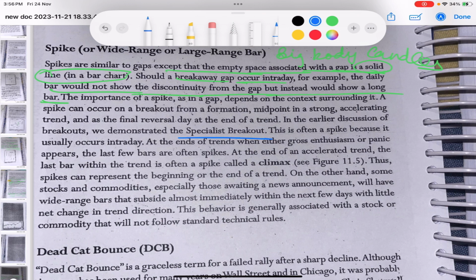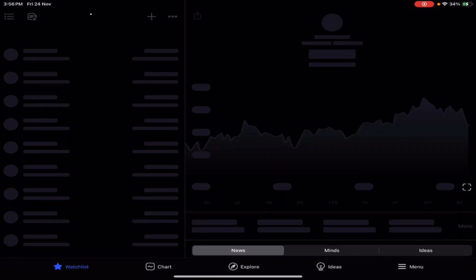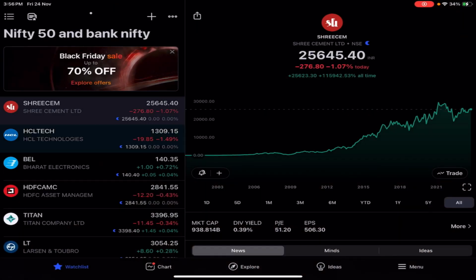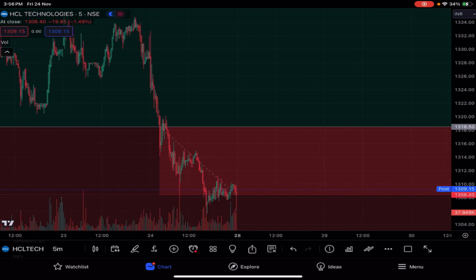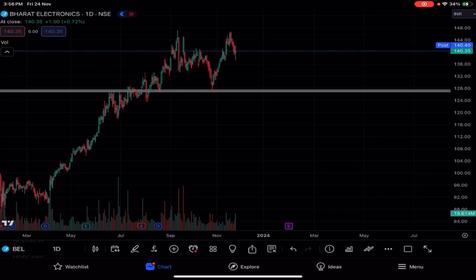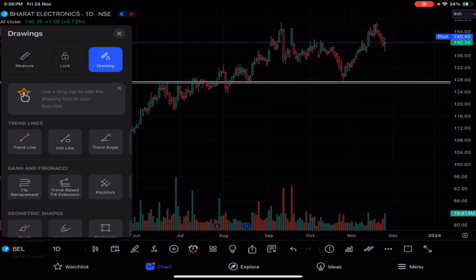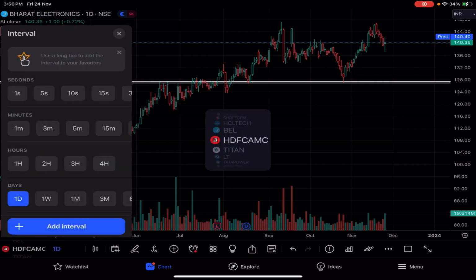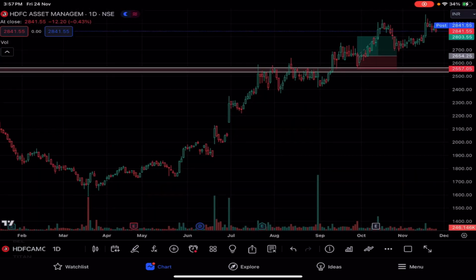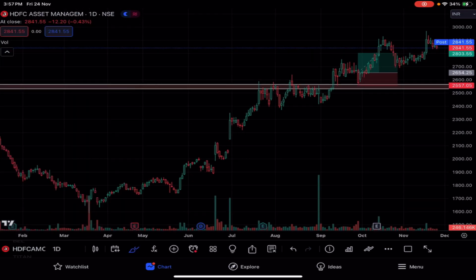At the end of trends, when either gross enthusiasm or panic appears, the last few bars are often spike bars. So whenever the trend is going to change, usually during the end of the trend, spike bars appear. Like if you look at, let's say, a daily chart on BEL.